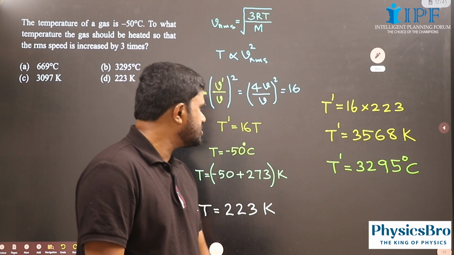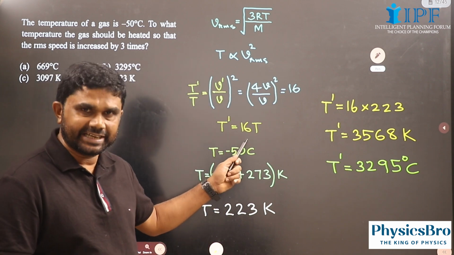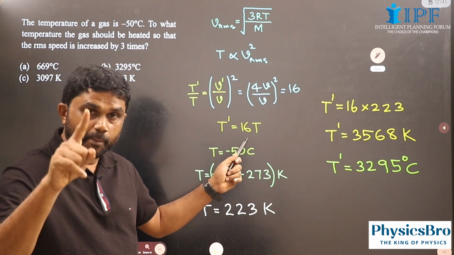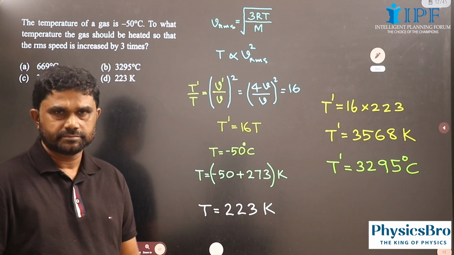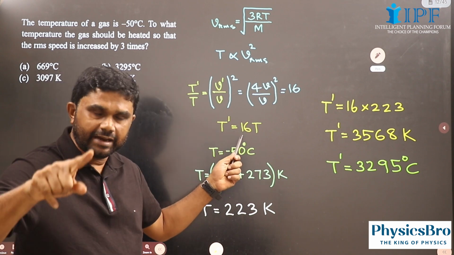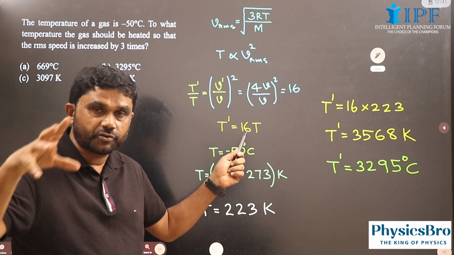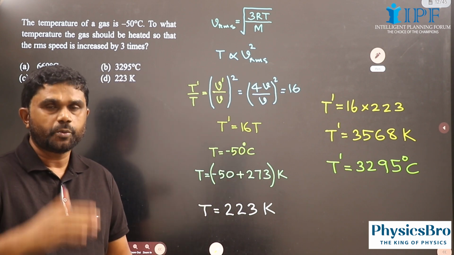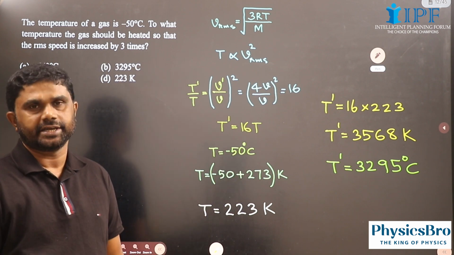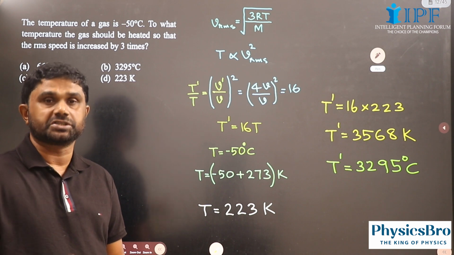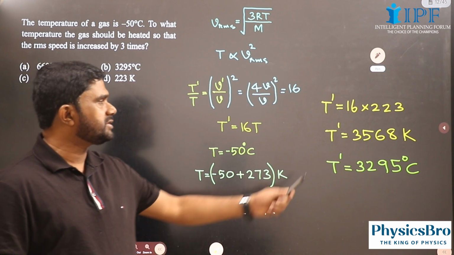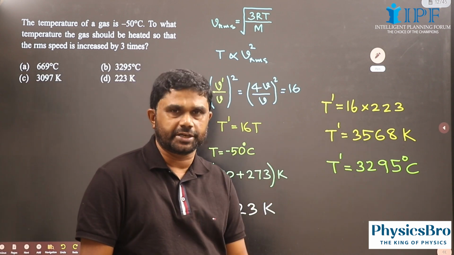So T dash we will get 16T. The original temperature is minus 50 degrees Celsius, but this T must be in Kelvin. So to convert minus 50 to Kelvin, you have to add 273. So minus 50 plus 273, that will be 223. So the final temperature will be 16 into 223.